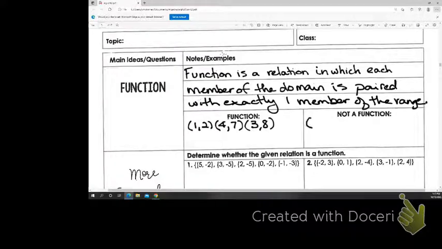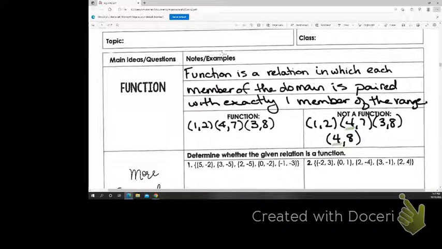This would not be a function. So there's my function I had before. If I have another point and it has the same x as one of these other points, it's not a function.